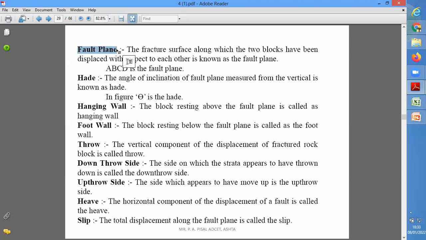Up throw side means the side which moves in the upward direction. Down throw side means the side which moves towards the downward direction. Heave, throw and slip are the displacements. Heave is the horizontal displacement in the block, throw is the vertical displacement in the block, and slip is the total, oblique displacement in the block.